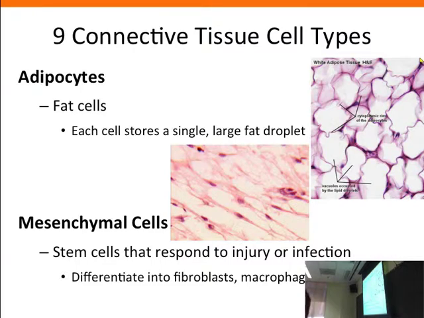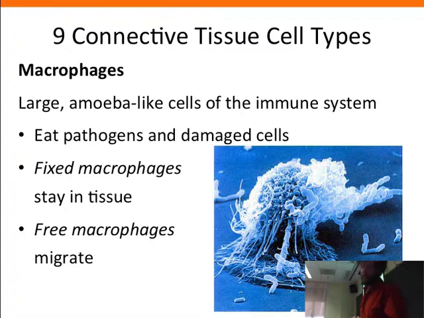Mesenchymal cells can differentiate themselves into a host of other, they're stem cells. They are stem cells, yeah. They can differentiate themselves into a host of other connective tissue cell types, such as fibroblasts, macrophages, etc. They're like the raw material cells of connective tissue.